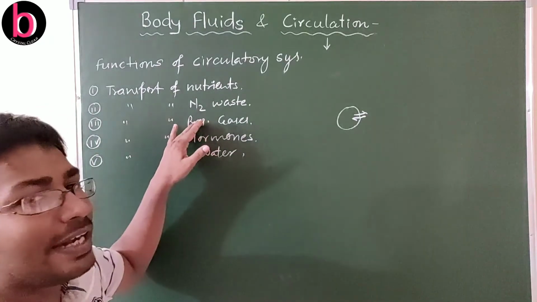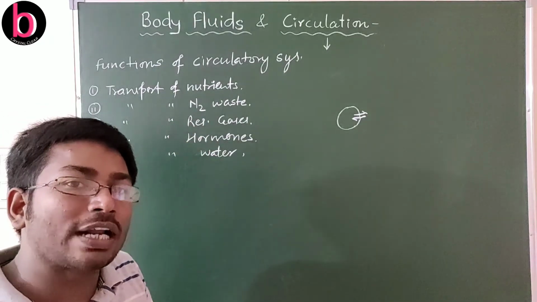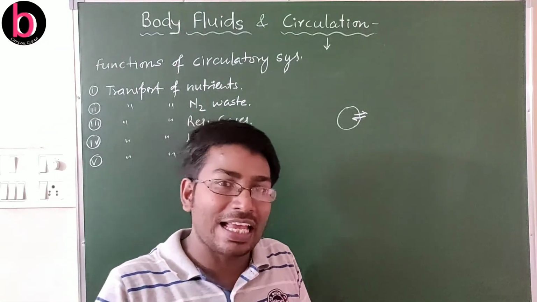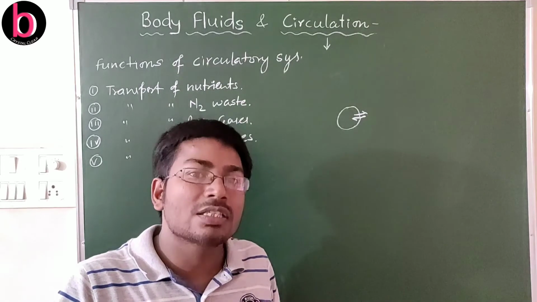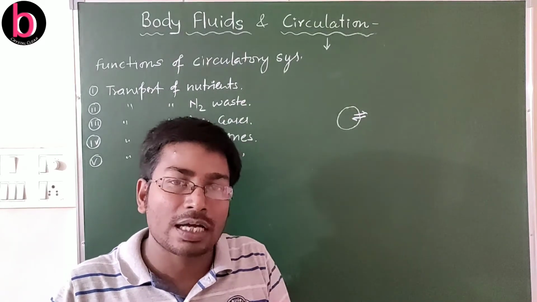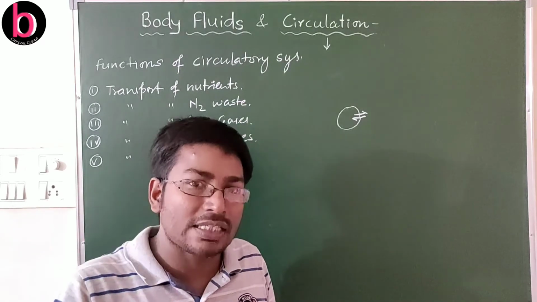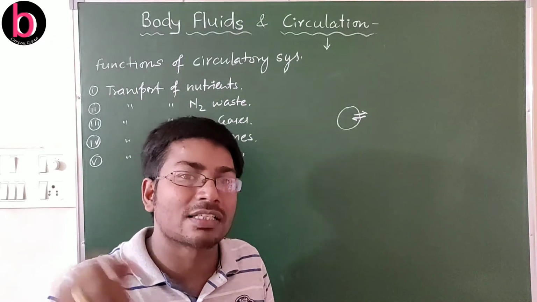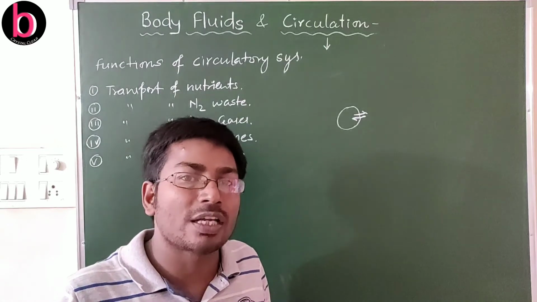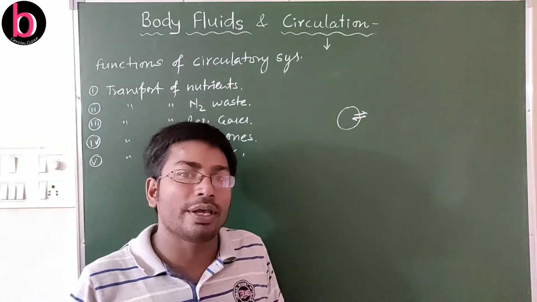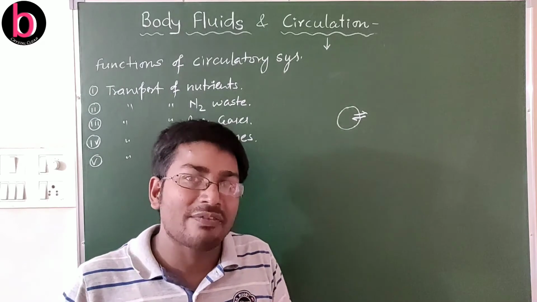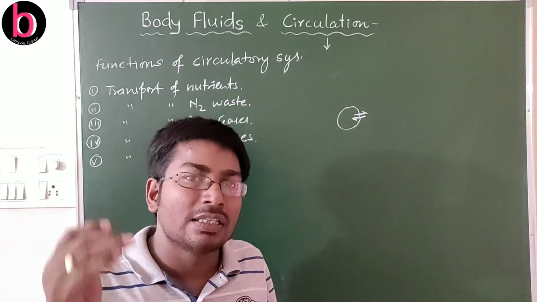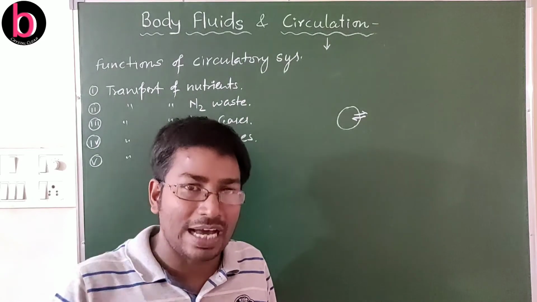Next, respiratory gaseous transportation or exchange. We already discussed this one in the breathing and gaseous exchange chapter. This is plasma of blood and blood cells, especially RBCs. They are the chief sites that are responsible for transportation of O2 and CO2 in our body. 97% oxygen is transported by hemoglobin of RBC, 3% is transported by plasma.